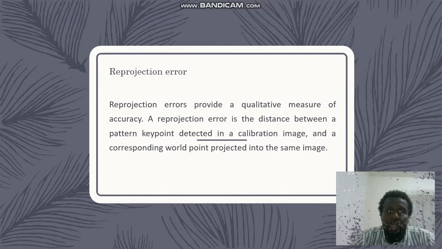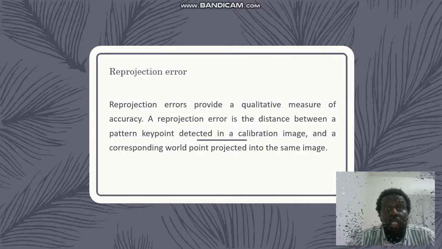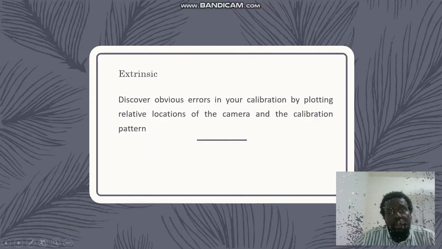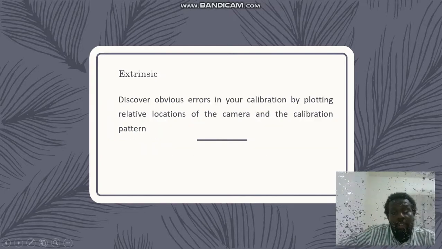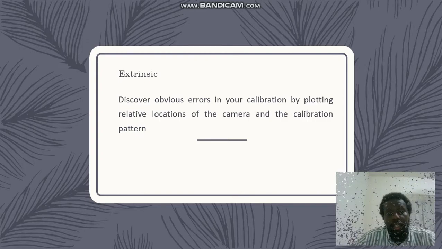So when we take the photo from each angle, we try to correlate the key points in each part, and also plot the relative location of the camera in the calibration.